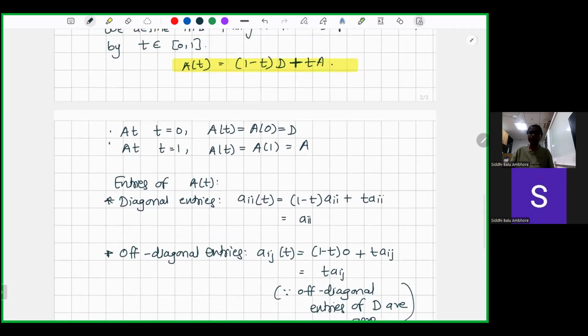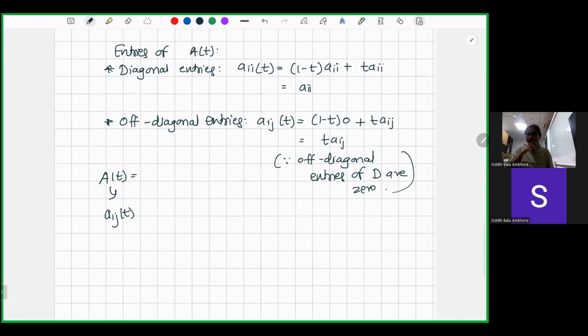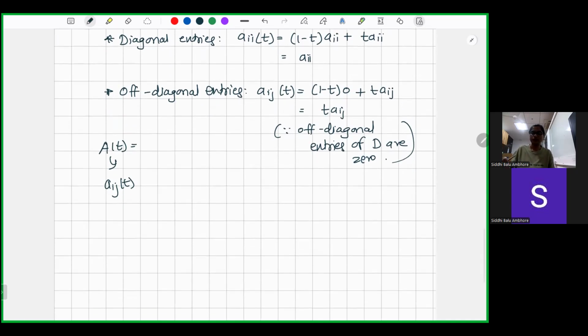So if I look at this A_t, parameterized with t, and look at this function a_ij(t), this is a smooth function which starts from the entry of D and ends at the entry of A. Each of these functions is continuous.